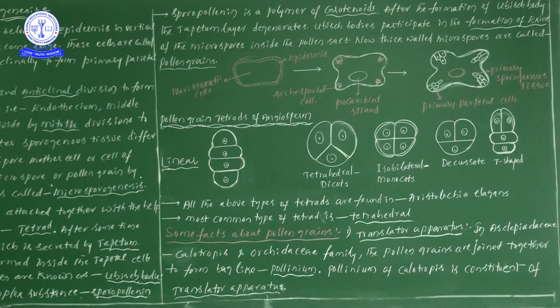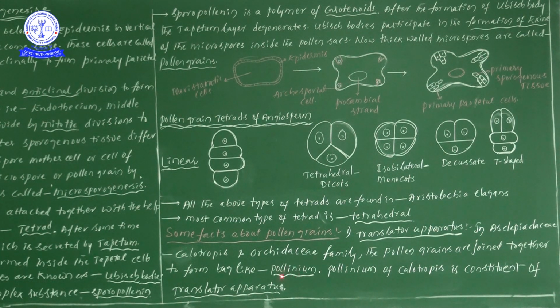There we can observe that pollen grains are joined together to form a bag-like pollinium. So here the pollen grains formed in Asclepiadaceae, Calotropis, and Orchidaceae family members are all joined together to form a bag, with all the pollen grains inside the bag. Such a kind of structure we take as pollinium.